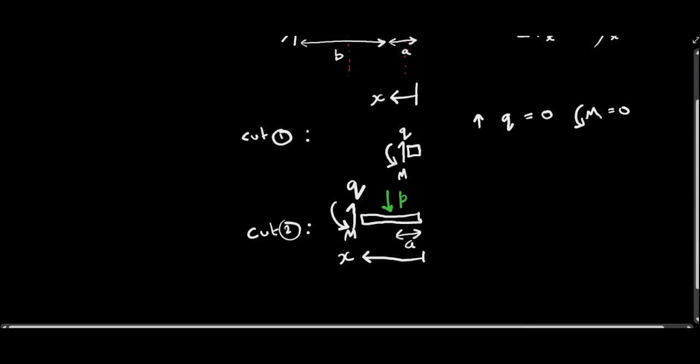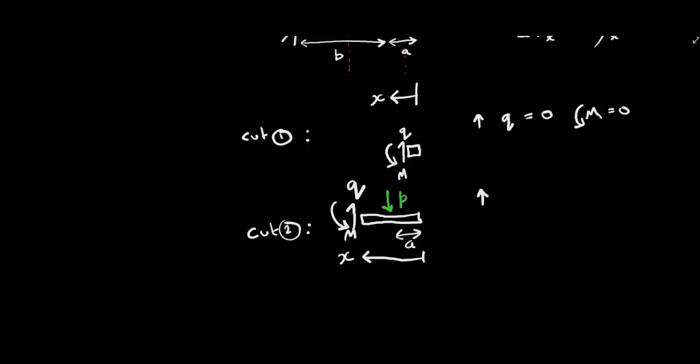Now let's apply the rules of equilibrium on the right hand side here. So resolving forces as being positive vertical. Let's start from the left hand side. What have we got?